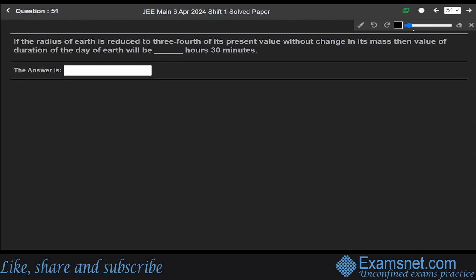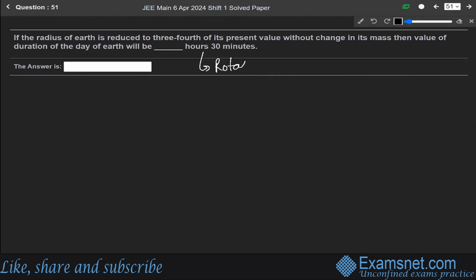Now, the next question is 51. If the radius of Earth is reduced to 3/4 of its present value without change in its mass, then the value of the duration of the day of Earth will be dash. So this question is from the chapter of rotational motion.